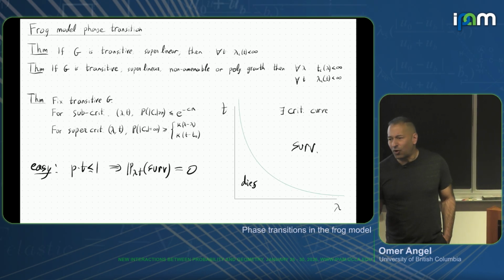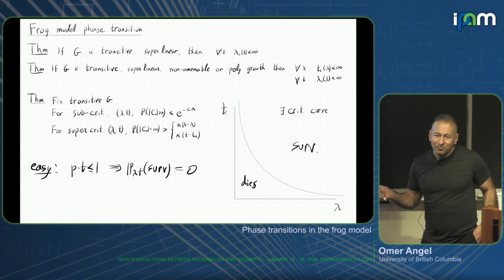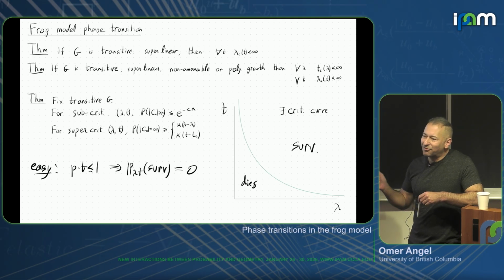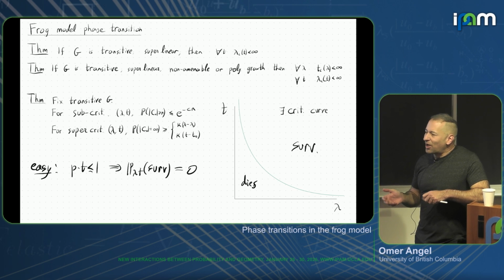The reason is that each frog does a random walk at rate 1, so it reaches on average t new sites. At each new site, it reaches on average lambda new frogs. So the average number of frogs that an active frog is going to encounter is lambda times t. If this is less than 1, it's very believable that this makes it die out.